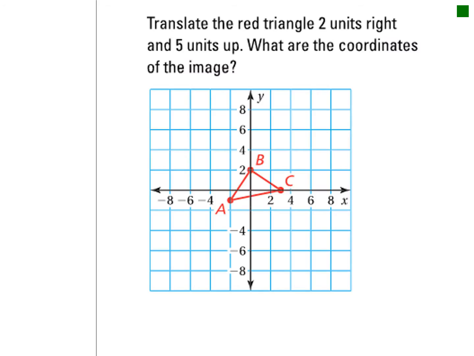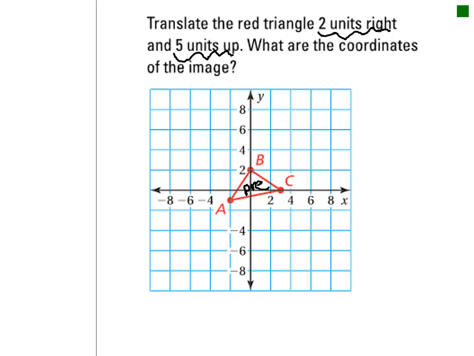Thank you for taking the time to pause your video and individualize your learning and pace. Let's go ahead and go through the algebra behind translations. Translate the red figure, the pre-image, 2 units to the right and 5 units up.